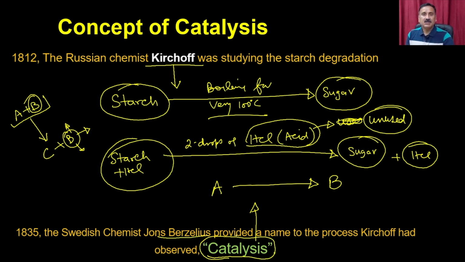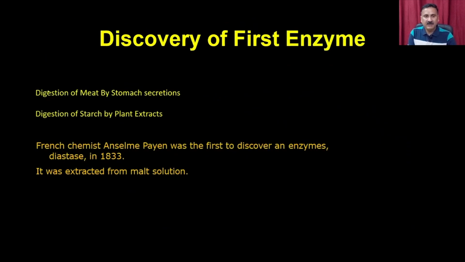This initiated the process of discovering different types of catalysts which can enhance reactions. And one of the things people were always interested in was that when you take meat or food, it is digested.